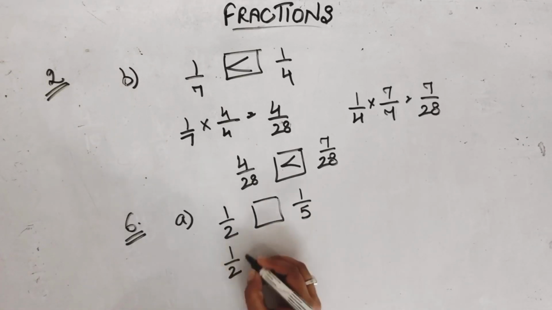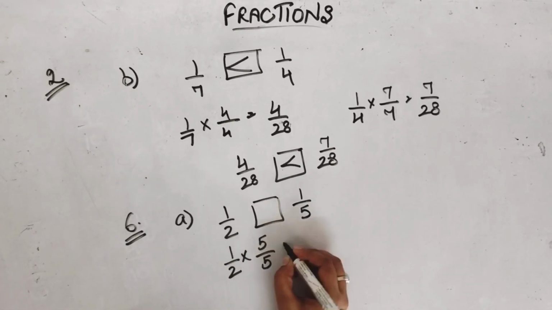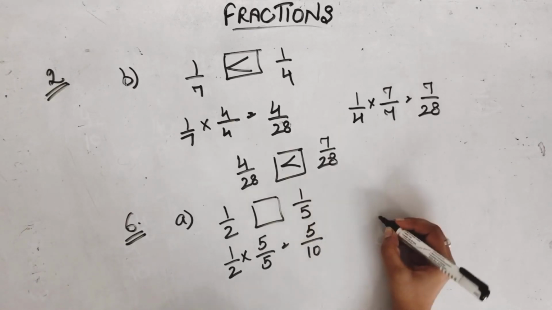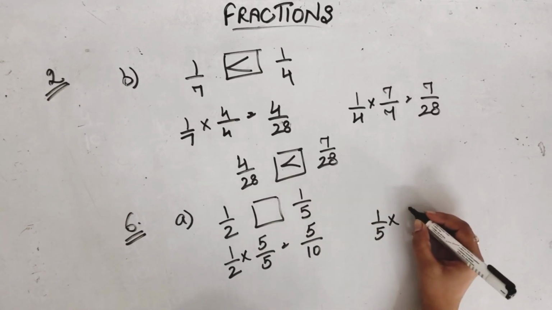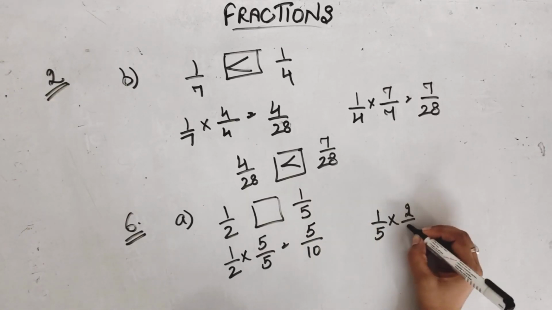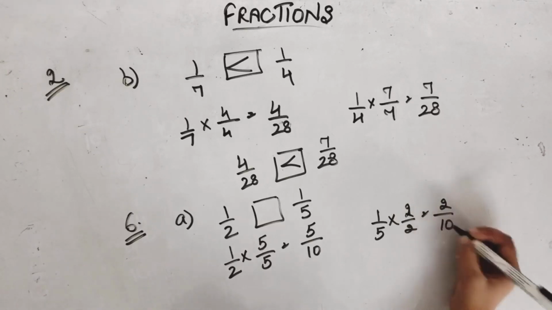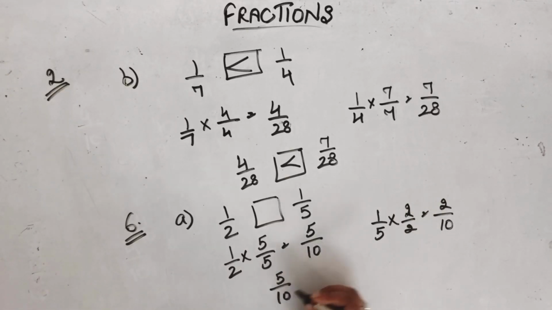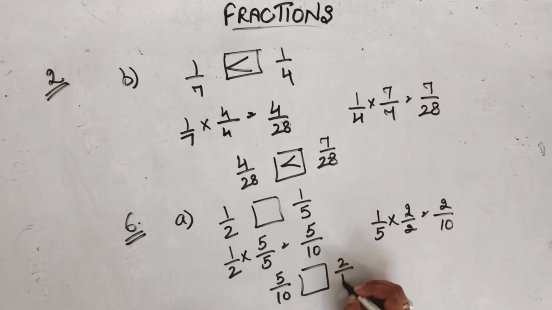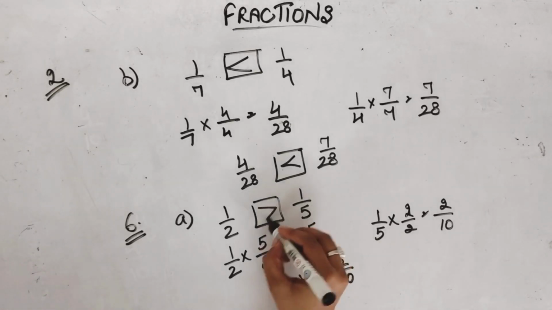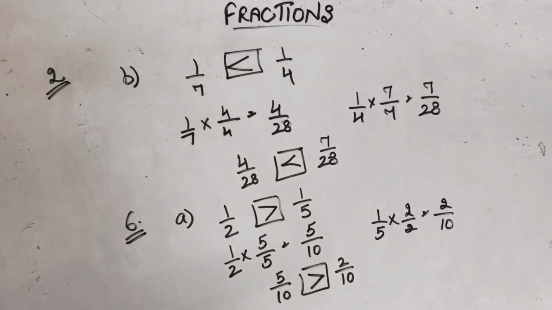So 1 by 2 can be written as 5 by 10, and 1 by 5 can be written as 2 by 10. 5 is greater than 2. Therefore 1 by 2 is greater than 1 by 5.